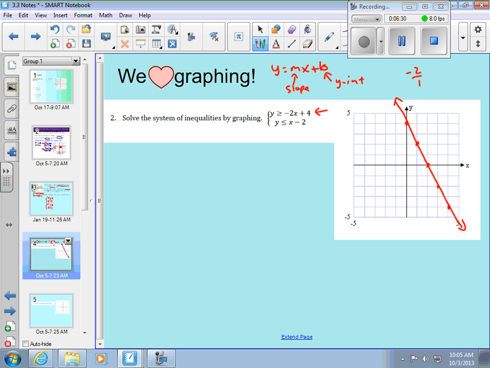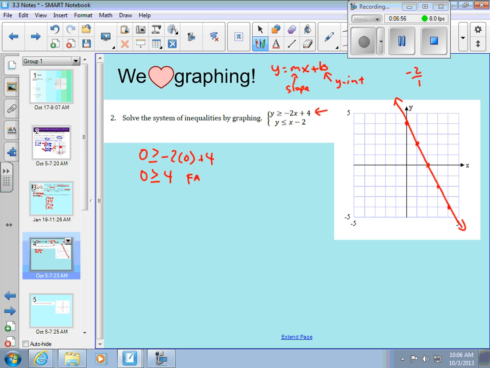All right. Now we want to figure out where we're going to shade for that one. When you're figuring out where to shade, pick a point that you can use as a test point and see if it makes sense. We did not pass through 0, 0, so let's test that point out. If we put 0 in there, we get 0 is greater than or equal to negative 2 times 0, which is 0, plus 4, so we'd have 0 is greater than or equal to 4.